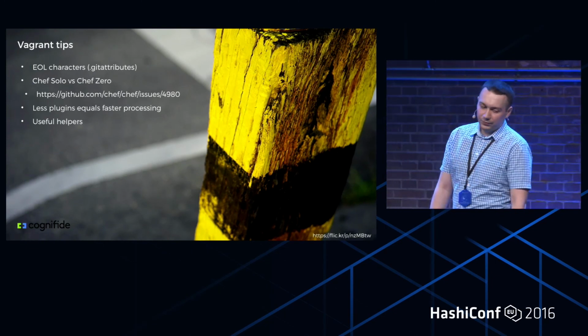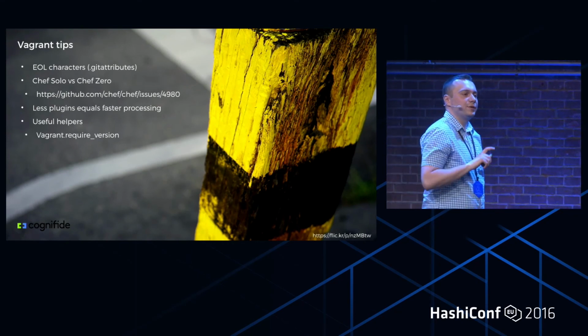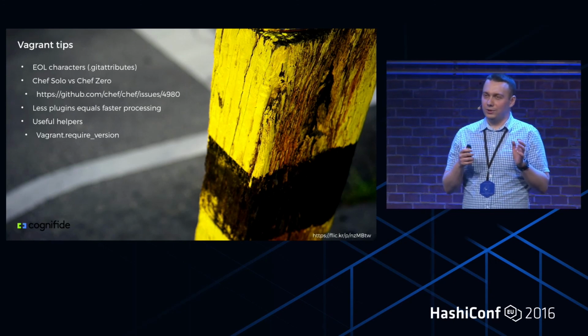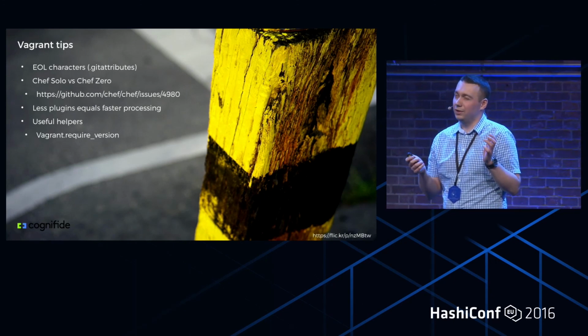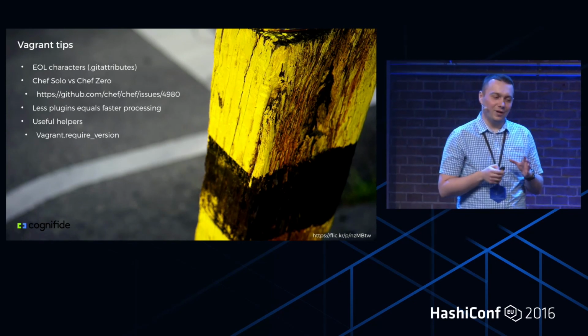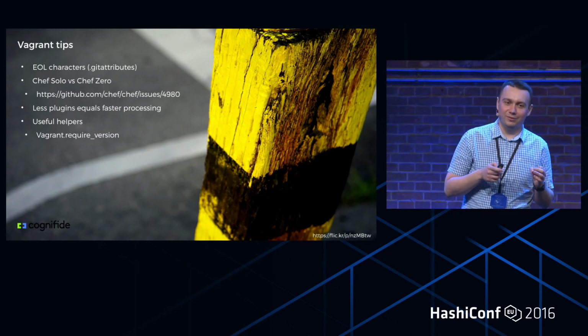There are also a couple of useful helpers. If you require a very specific version of Vagrant, don't leave the default value, which is something like greater than 1.5.0, if I remember correctly. Just make sure it is right, as people used to forget about downloading the very specific version you need.